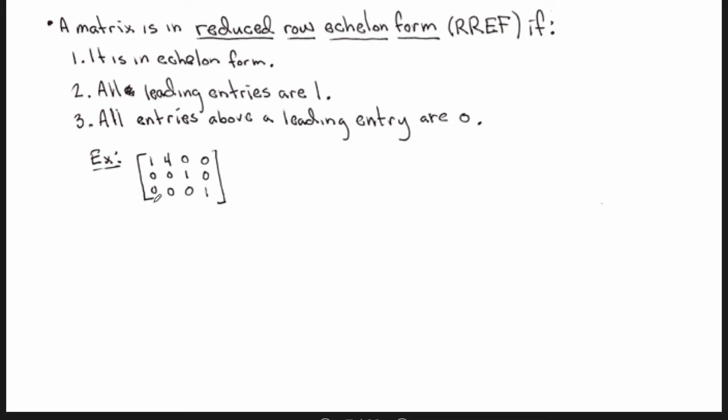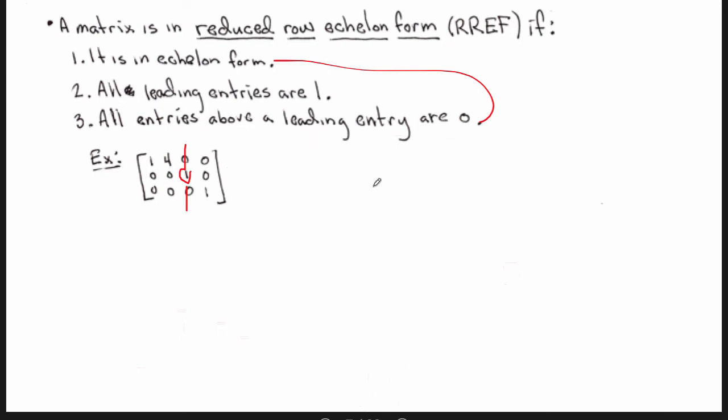So for example, to take our last example, I made that first entry a 1, I made this entry a 1, and above it I've got a 0. This entry's a 1, above it I've got a 0. If you take these two things combined, that means anywhere I've got a 1, everything above it and below it should be 0. So every leading entry should be the only entry in its column, and everything else should be 0.